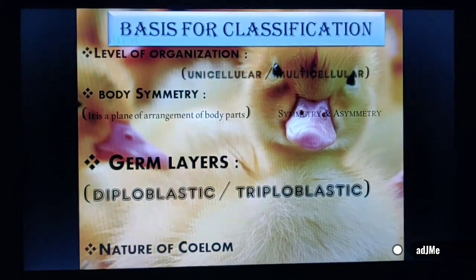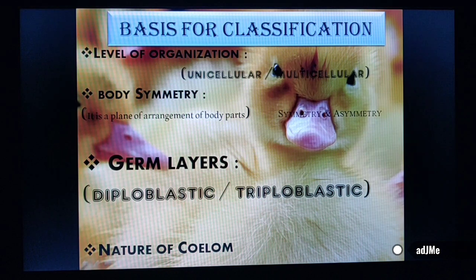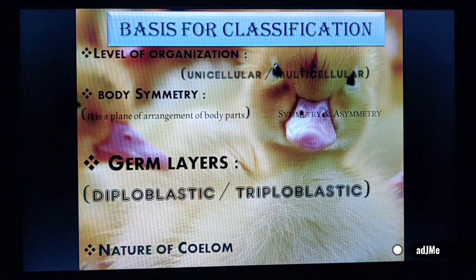Under the basis of classification, the third factor is germ layers. So based on the germ layers, we classify the animals. So what is meant by germ layer?